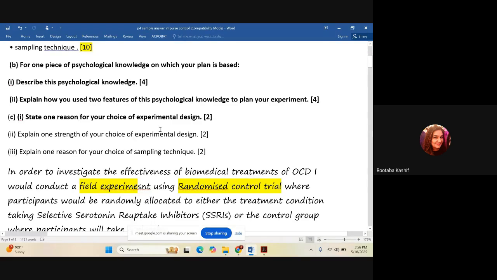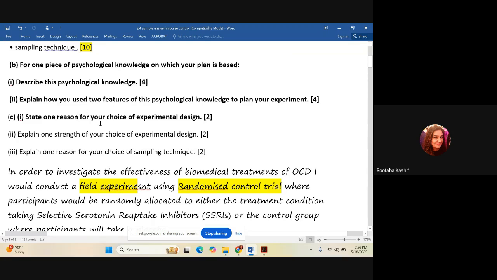Explain one strength of your choice of experimental design. Again, many times what happens is that students confuse. So when you are writing part C1, always remember to compare in this.